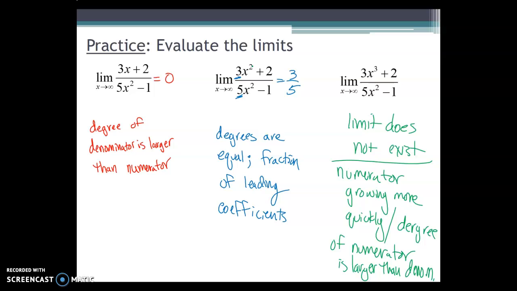And finally, the degree of the numerator is larger, so the numerator will continue growing more quickly than the denominator. The function will continue to increase as x increases, so there is no limit in this case.